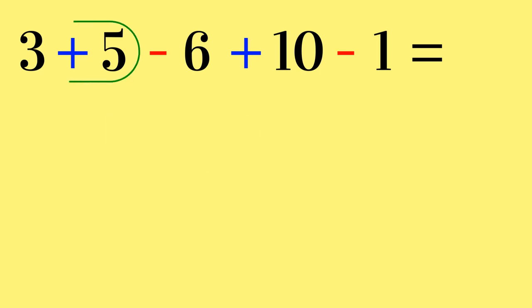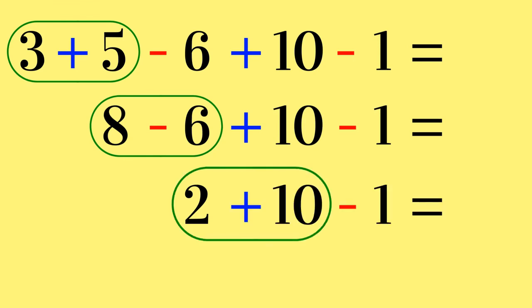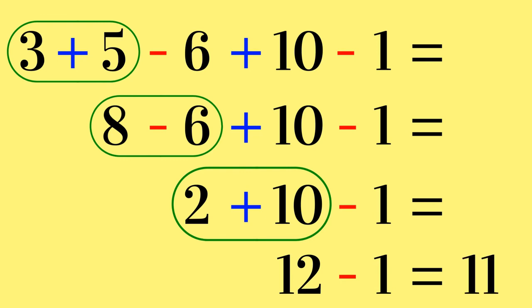So 3 add 5 is 8, subtract 6 is 2, adding 10 gives you 12, and subtracting 1 gives you the answer of 11.